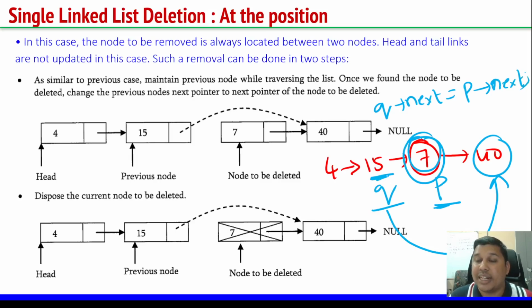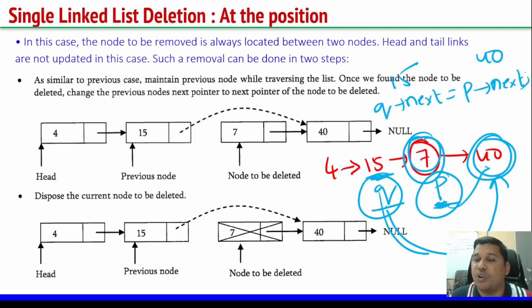So traverse the list, find out your Q, find out your P, that is the first step. Then Q's next point it to this P's next, that is this block. Q's next is 15, P's next is 40. Link this 15 to 40, that is it, and then you free this P, that is the logic.